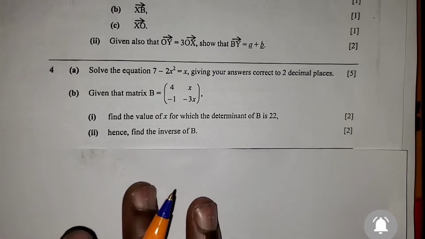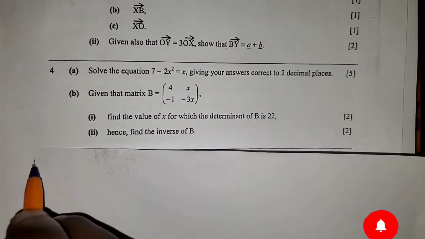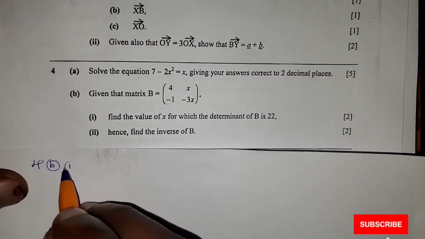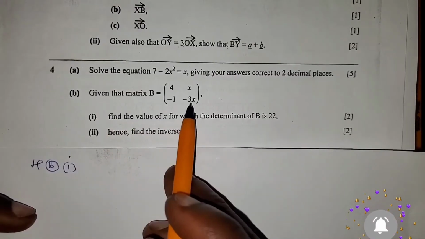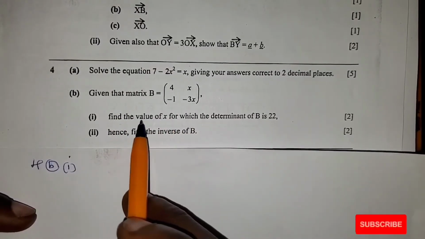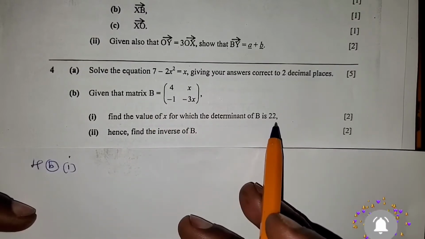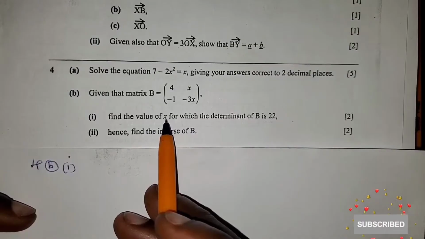So let's solve question 4B. We're going to write question 4B, part 1, Roman numeral 1. So we're given this matrix, then we're asked to find the value of x for which the determinant of this matrix B is 22. So we're given the determinant as 22, and we're asked to find the value of x.